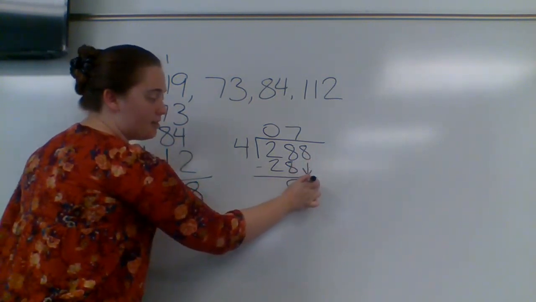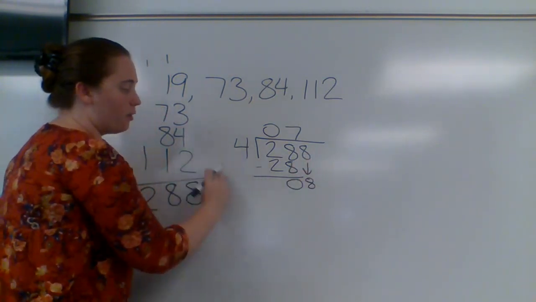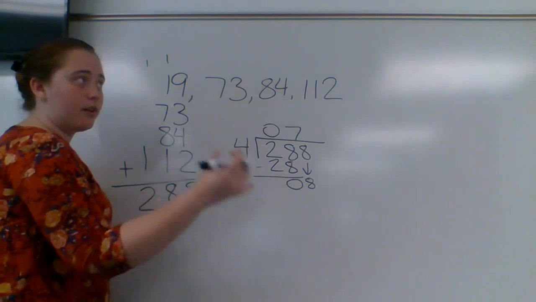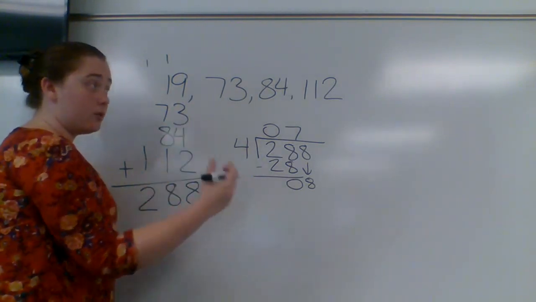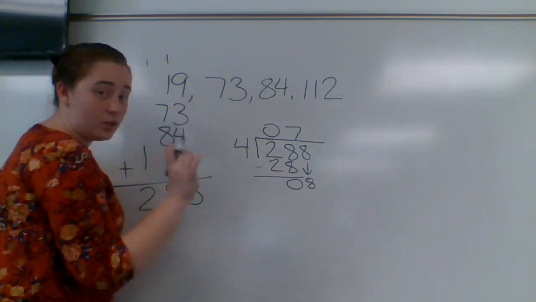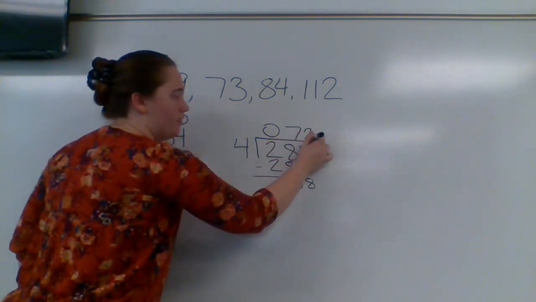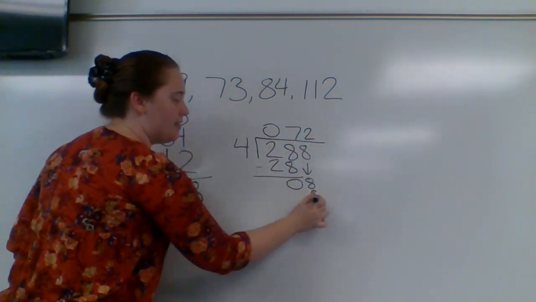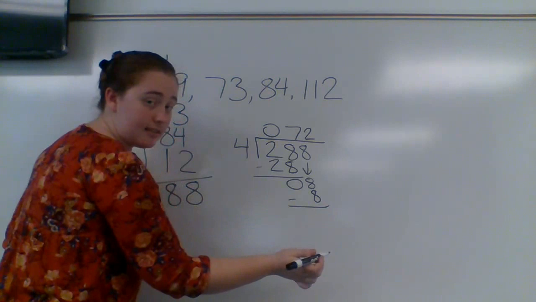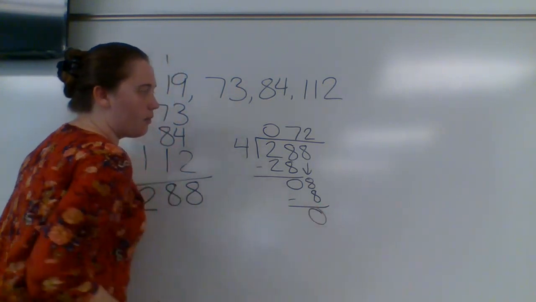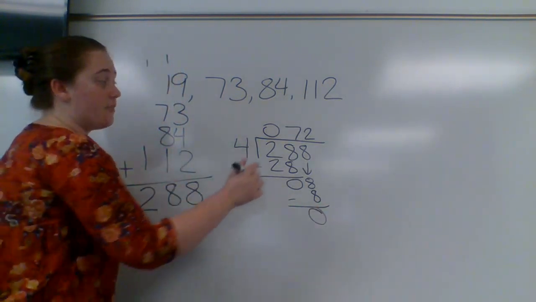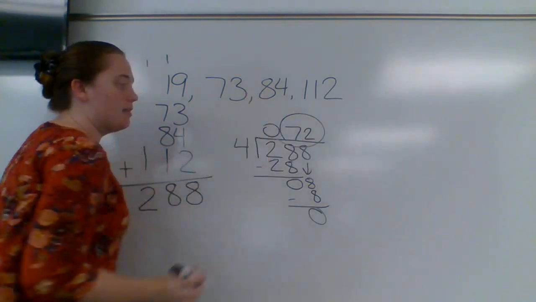Carry down my 8. 4 will go into 8, well, 4, 8, I counted by 4s 2 times, so I'm going to say 4 will go into 8 2 times. 2 times 4 is 8, and 8 minus 8 is 0. And my answer is 72. Go ahead and circle that.